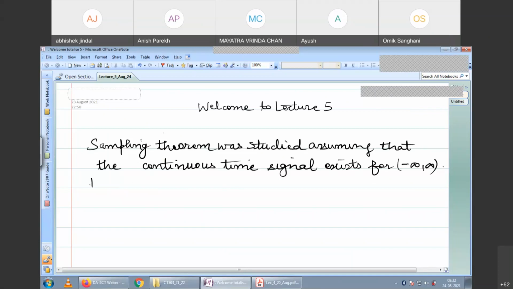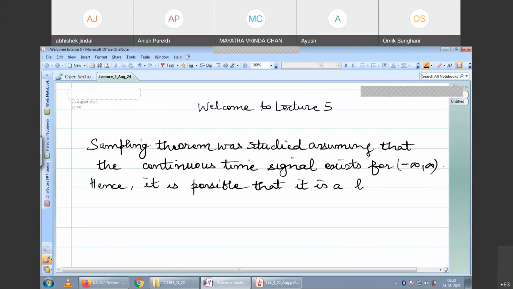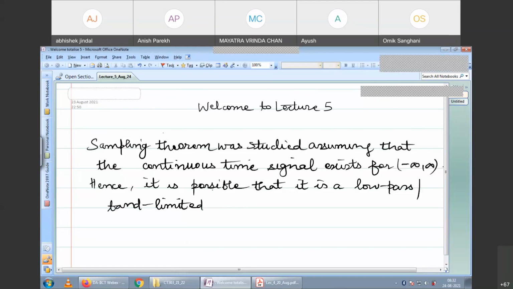Hence, it is possible that it is a low pass or band limited signal. Whatever it is called, these two terminologies are quite similar in most settings, but in a few settings they might differ. But for our purpose, it's fine if we use low pass slash band limited.